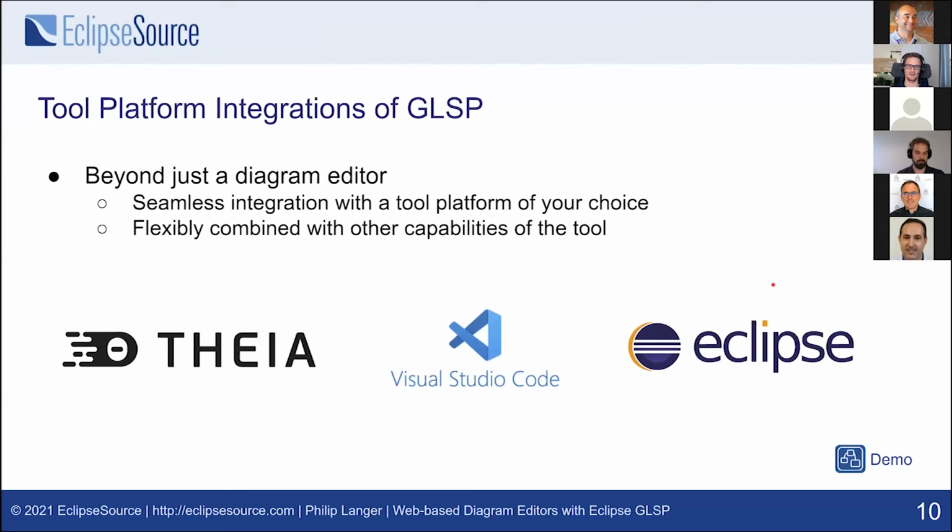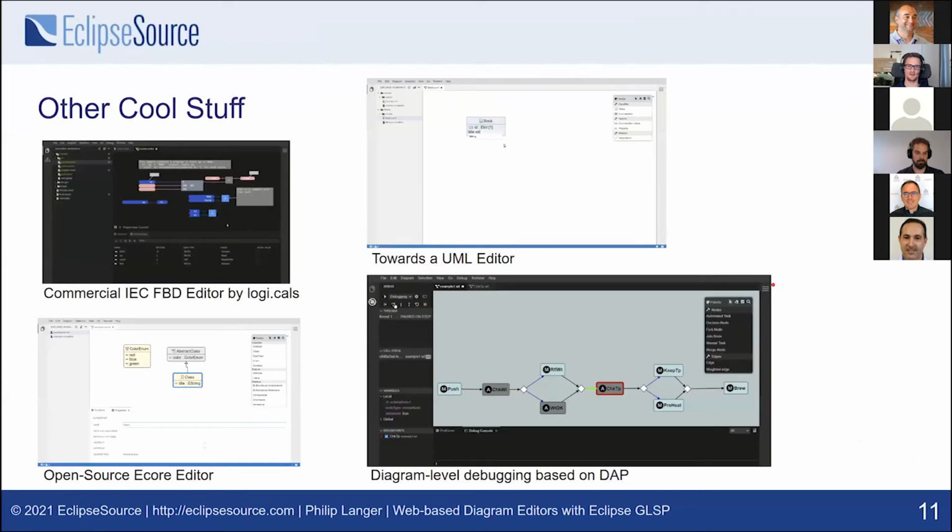Right. With that being quite close to the end, I think from the time, since I really want to make sure that we have enough time for questions, just a few cool things that I want to highlight that have been happening in the GLSP community. There are a couple of nice editors that have been built on top of GLSP, commercial ones and open source ones, like UML, Ecore, function block diagrams, and much more.